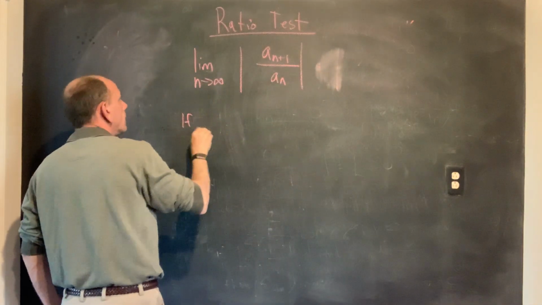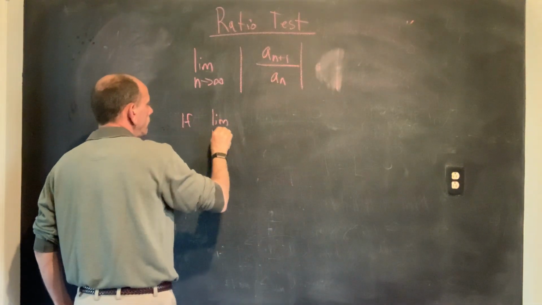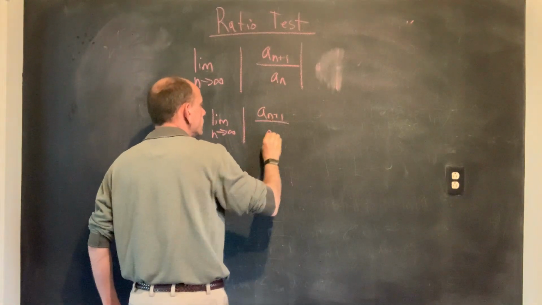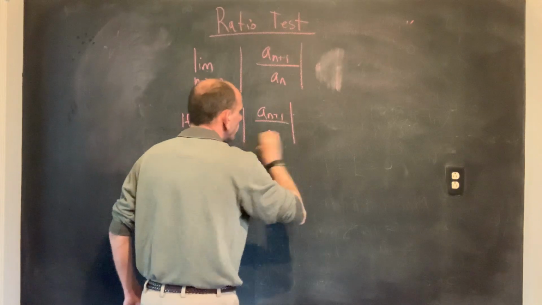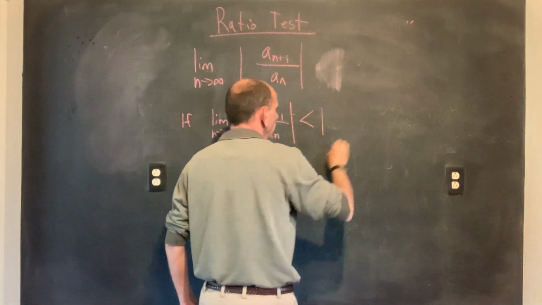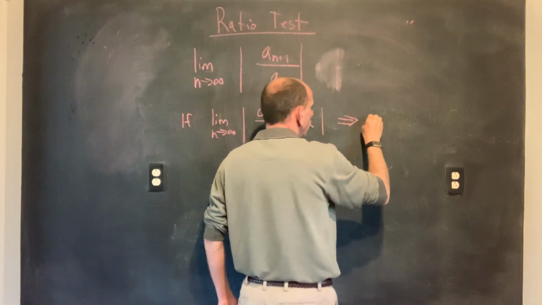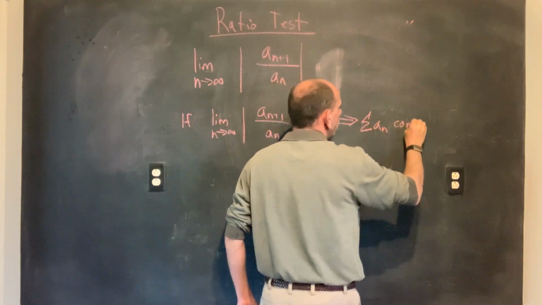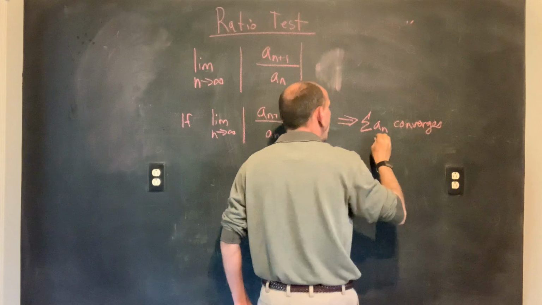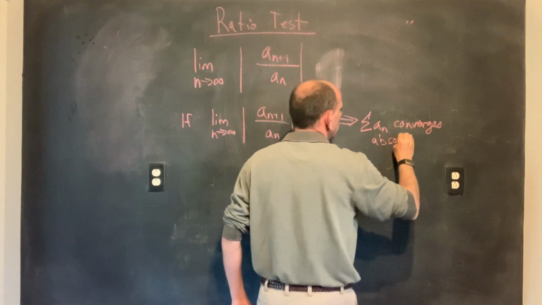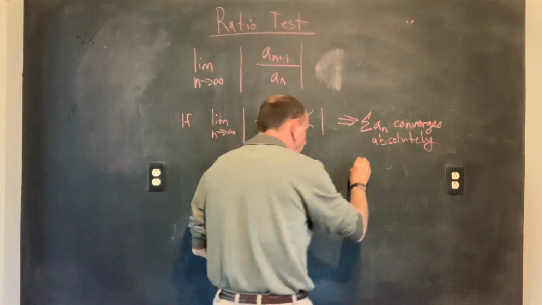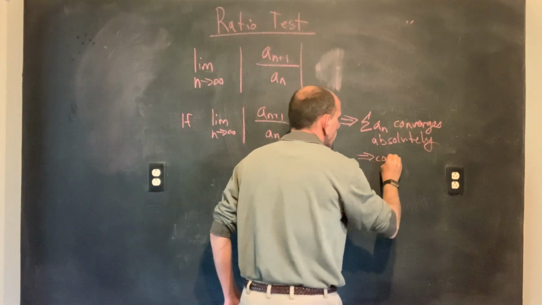So if the limit as n goes to infinity of the absolute value of the ratio of those terms is less than 1, this implies that the series a sub n converges absolutely, which implies that it converges.